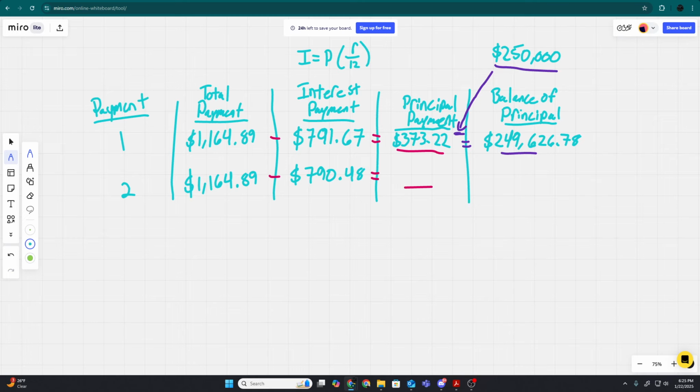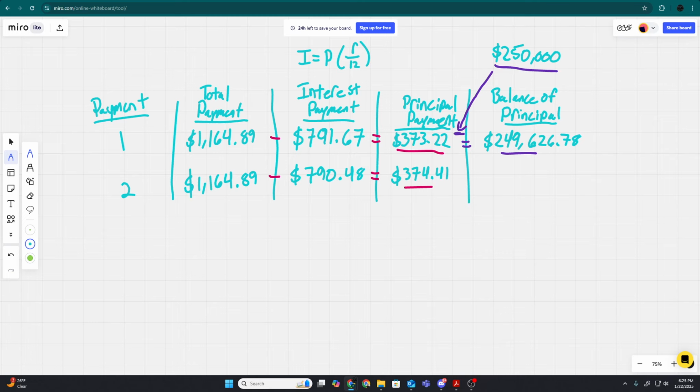So the new portion of principal would be $374.41. Now, this is our new portion of principal. Okay, it's going to increase for every payment, so that's pretty typical.